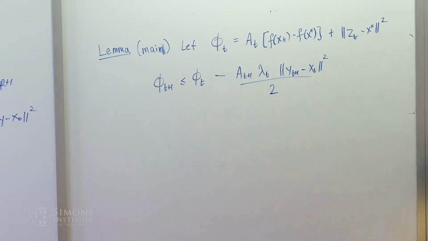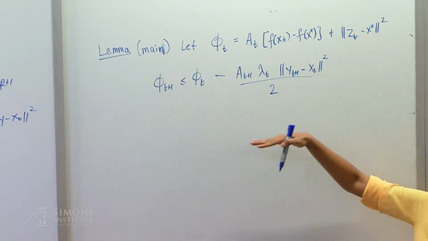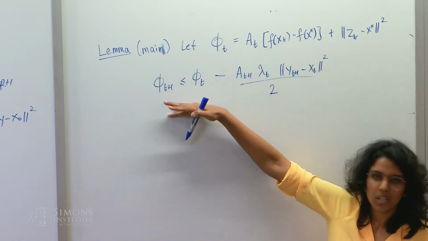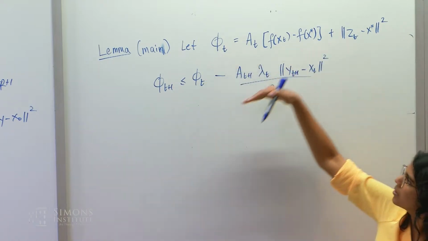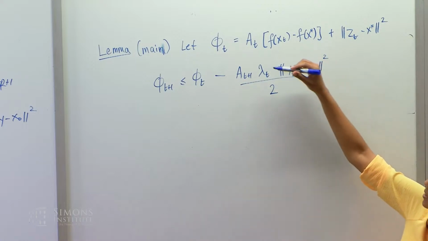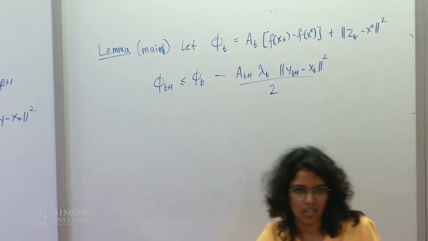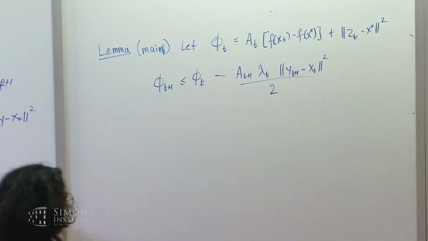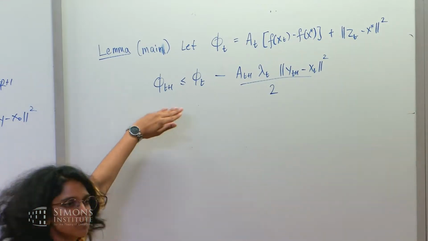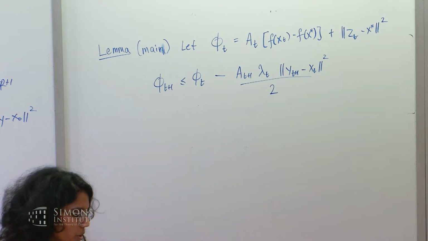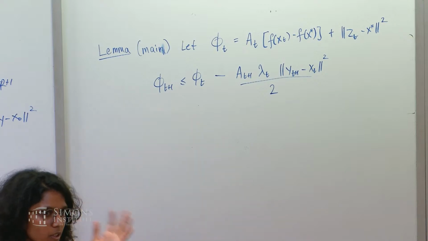So the first thing we need is, if you look at this potential function, it is decreasing at a rate that depends on lambda and on this. First let's see, if you assume this, how do you get the rate that we are looking for?